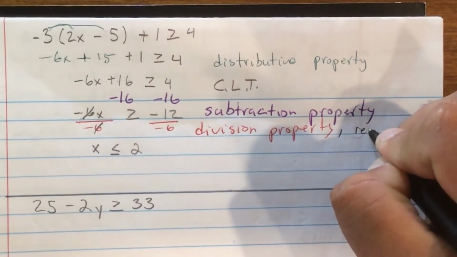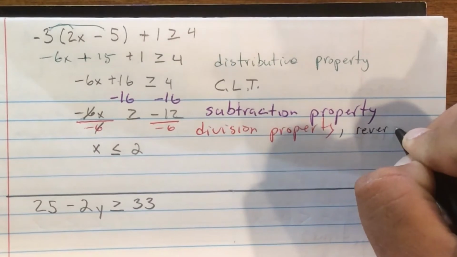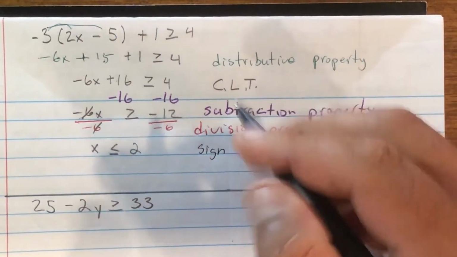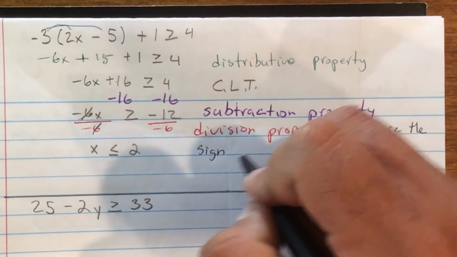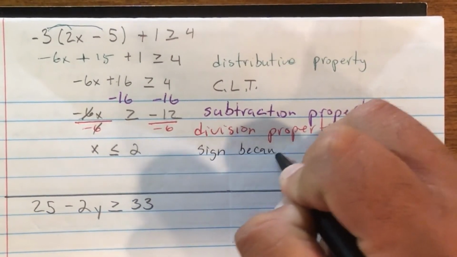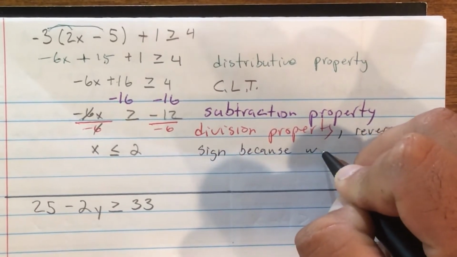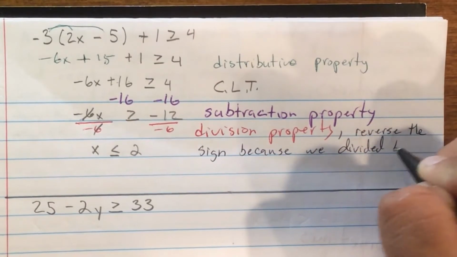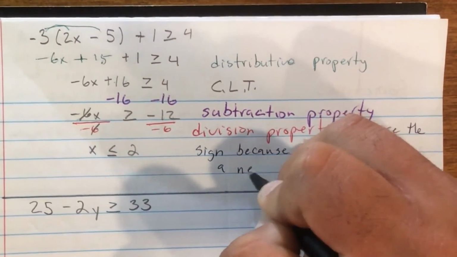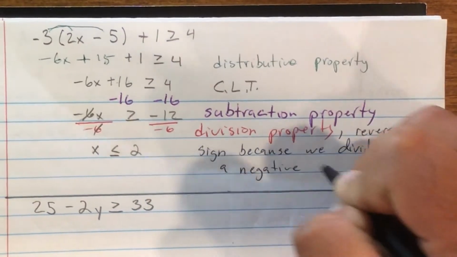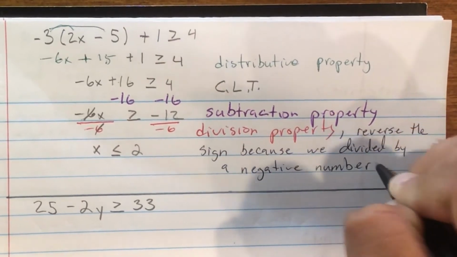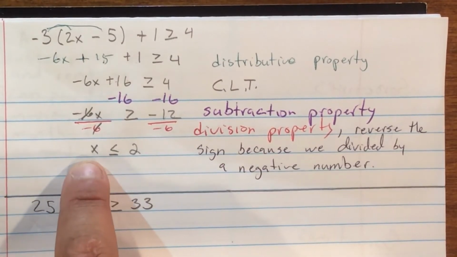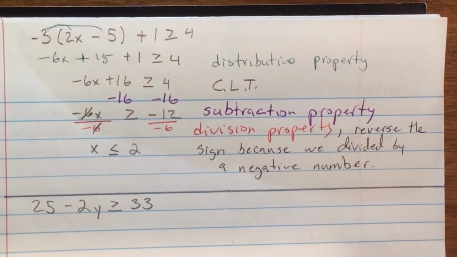So also we're going to reverse the sign, because we divided by a negative number. Okay, good. So now we have x is less than or equal to 2.